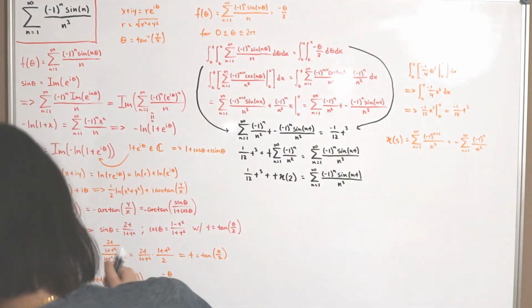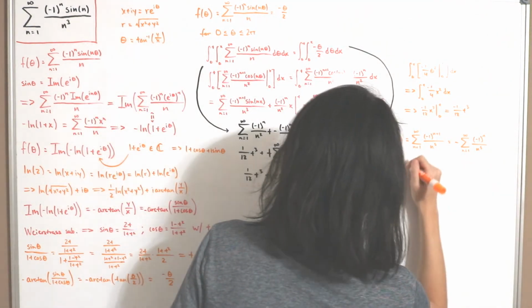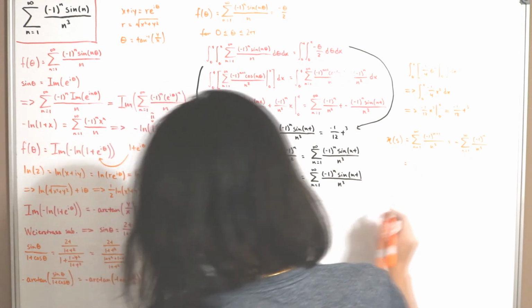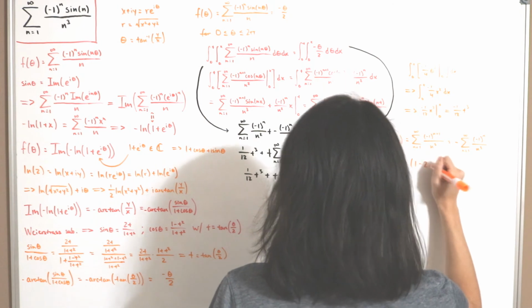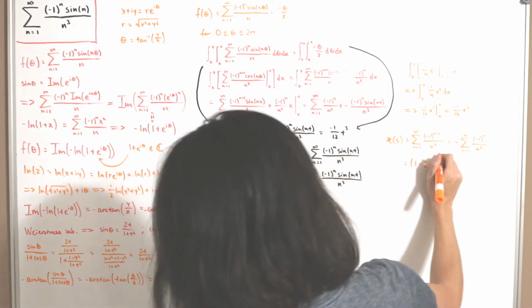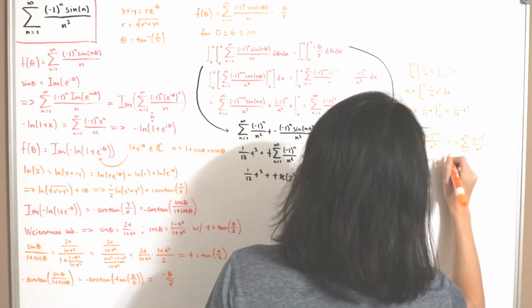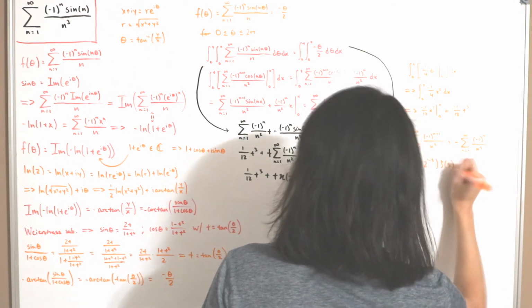Okay, now the next thing I want to write is that this is also equal to the following explicit formula. So this is defined as 1 minus 2 to the power 1 minus s, and then multiply by our Riemann zeta function defined at s.